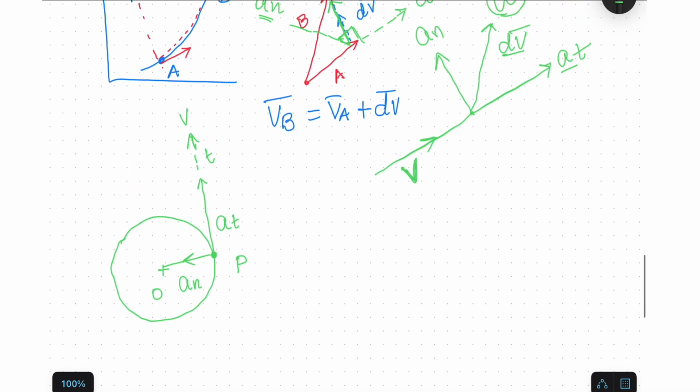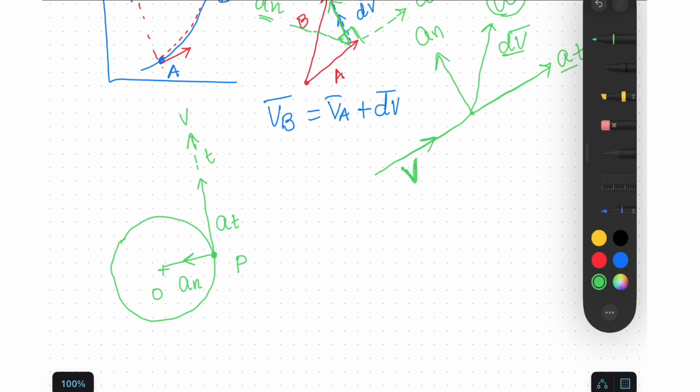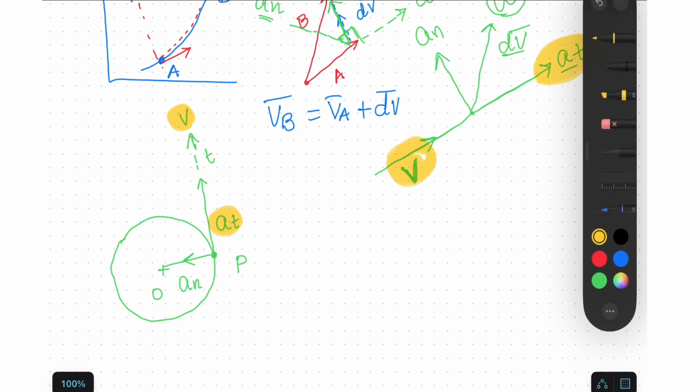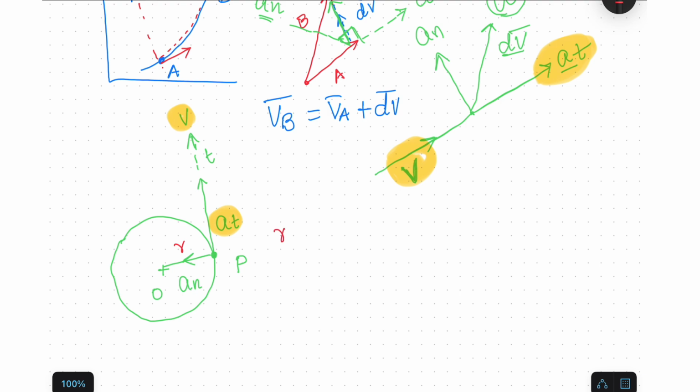Why? Because you can see here that I made this velocity at, and v is in the same direction. So here you can see the velocity of this particle P and the at is in the same direction, right? Now we know that there is a radius of this circle, so we can say the radius of this circle r is equal to rho.